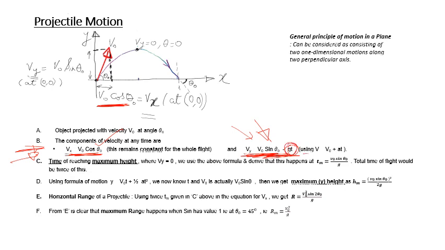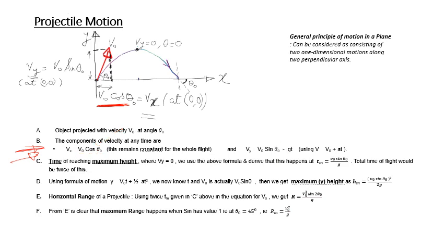We are using the standard formula of straight line motion, which is v is equal to initial velocity plus acceleration into t. Since acceleration is in the direction opposite to the velocity of the object in the vertical direction, we use the negative sign with gravity here.